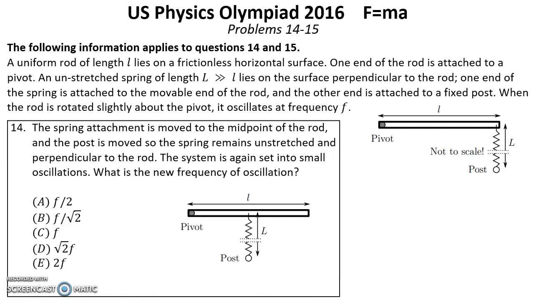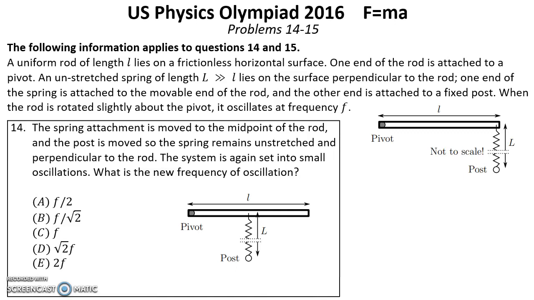An unstretched spring of length l, much smaller than L, lies on the surface perpendicular to the rod. One end of the spring is attached to the movable end of the rod, and the other end is attached to a fixed post. When the rod is rotated slightly about the pivot, it oscillates at frequency f.